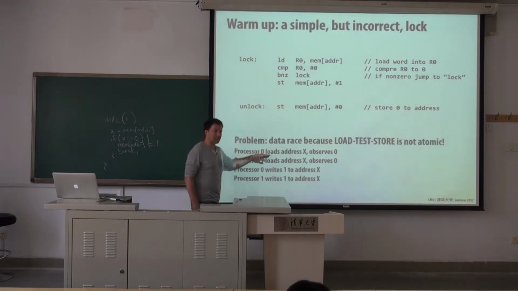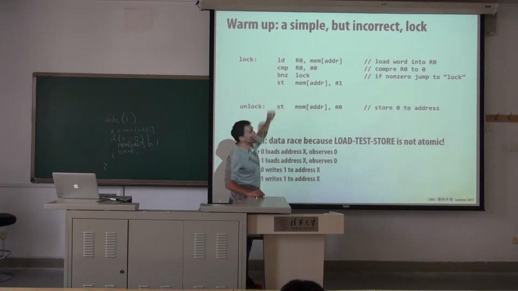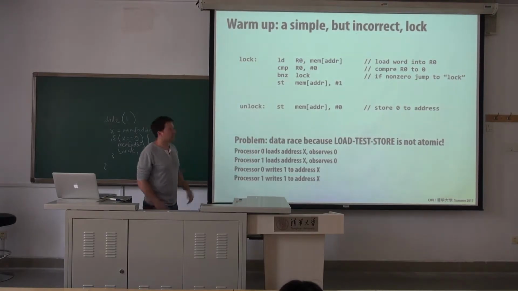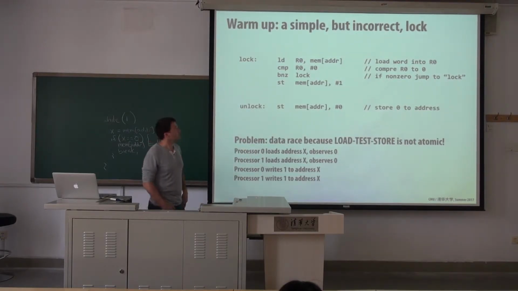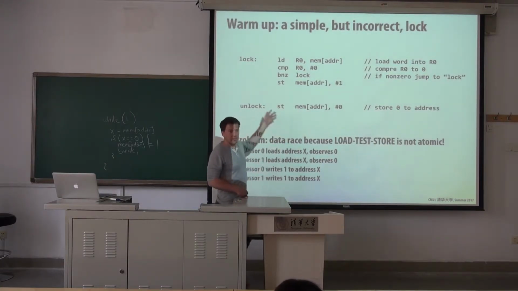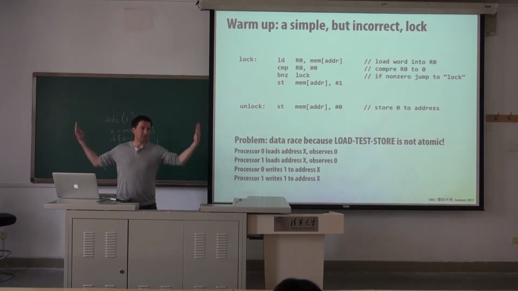Processor 0 loads the address, so R0 equals 0. And on another processor, the thread tries to take the lock, so it loads 0 as well.